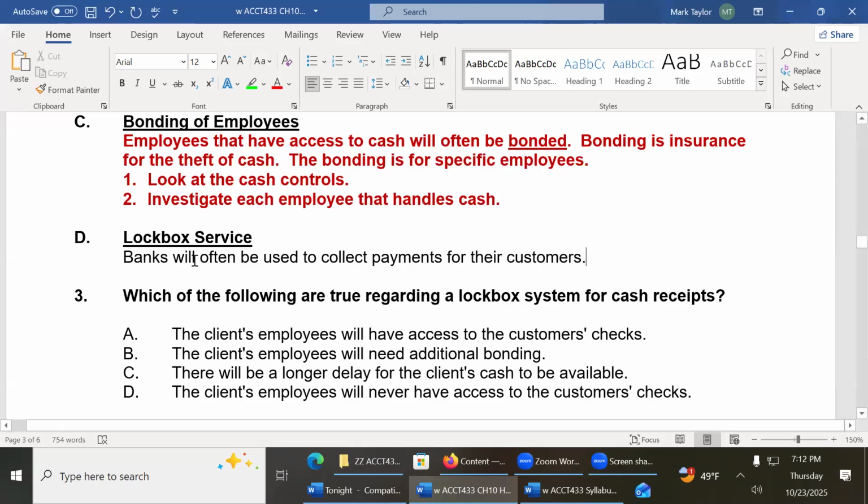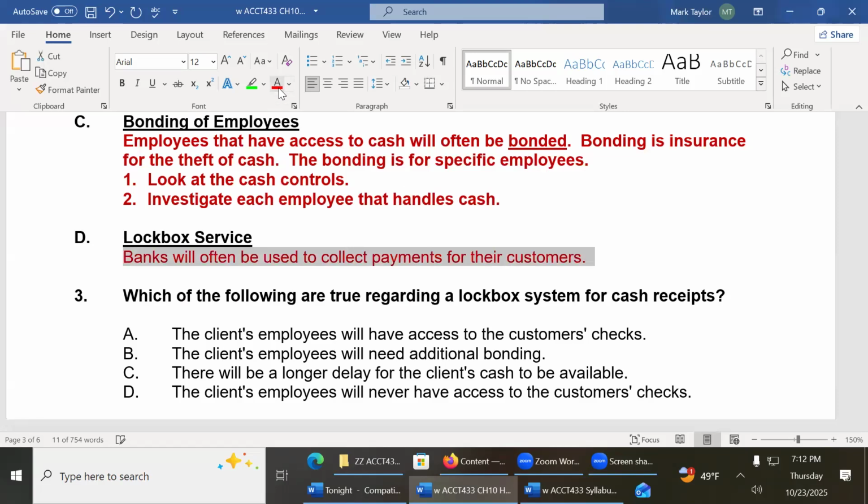Banks will often be used to collect the payments for their customers.